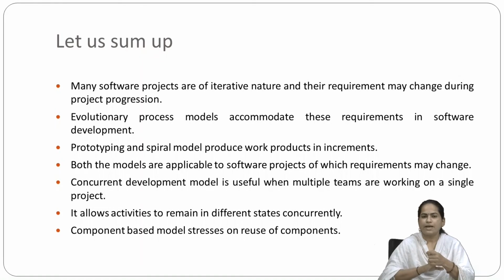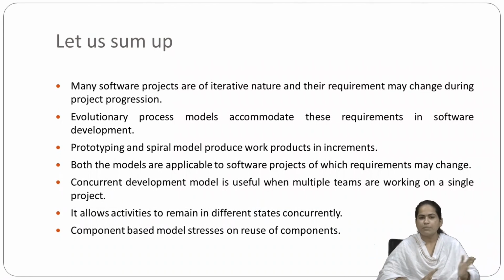Both the models are applicable to software projects whose requirements may change. The concurrent development model is useful when multiple teams are working on a single project. It allows activities to remain in different states concurrently.